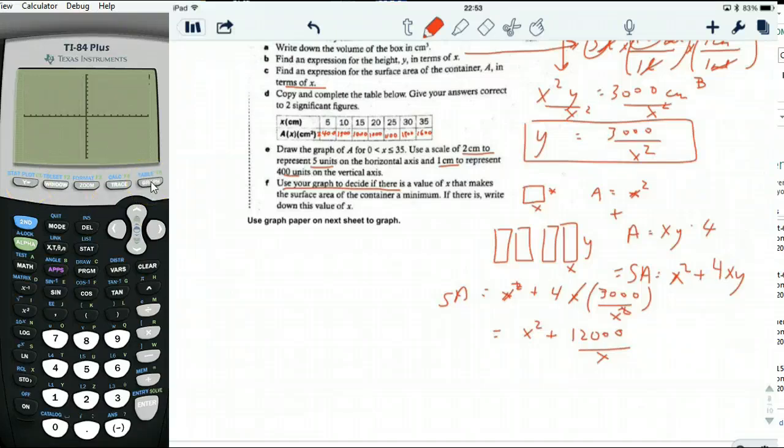So we could graph it, and we should see a graph just like we drew there, except that I think we're zoomed in too close. So first we'll do zoom standard, and then we'll do window, and we need to open it up quite a bit.